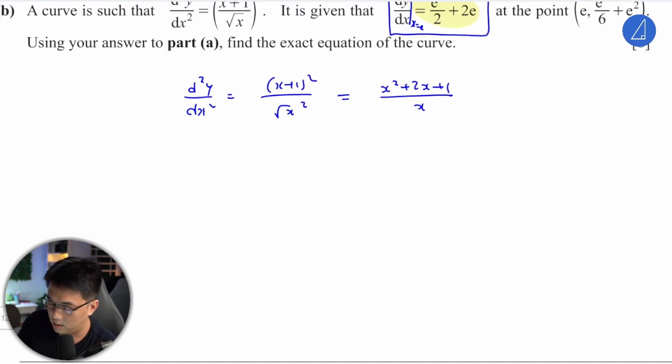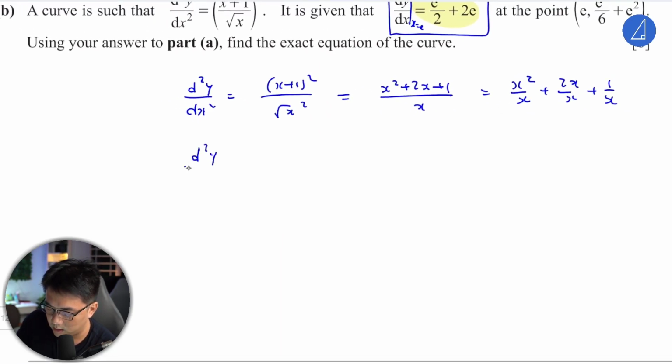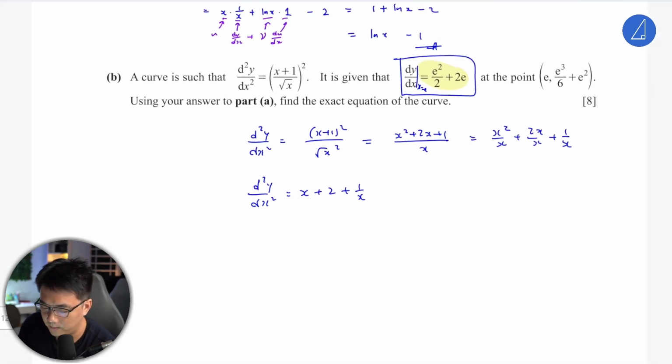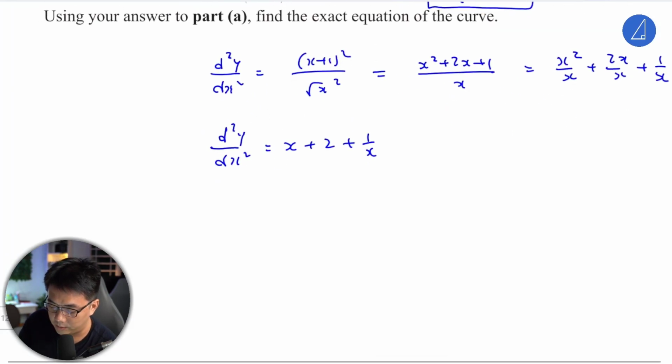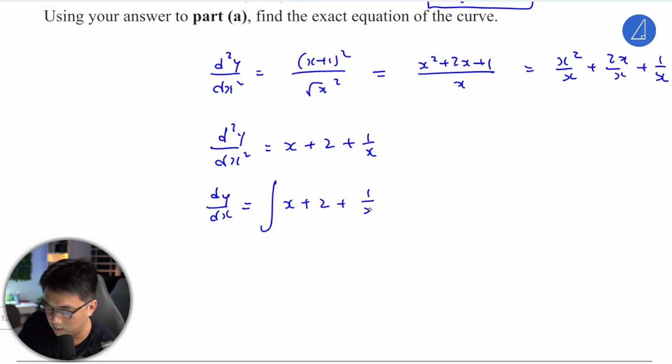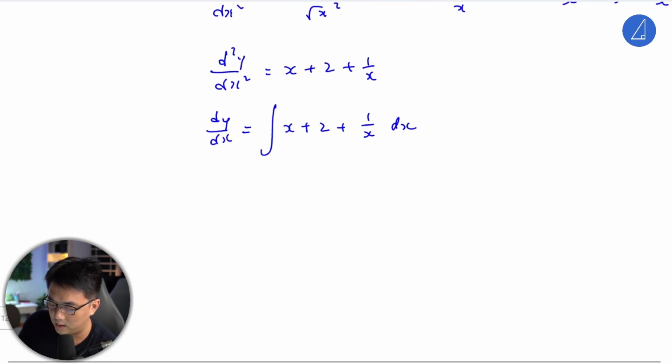All right, then d squared y/dx squared can be simplified as x plus 2 plus 1 over x. Okay, that's the first thing. Then once I've done that, I could start integrating. So dy/dx will be integrating this expression here with respect to x, and once we're done, I know that this is x squared over 2 plus 2x plus ln x plus c.